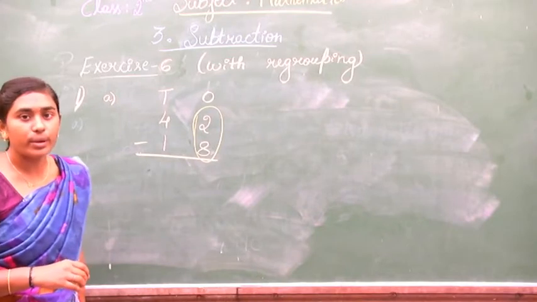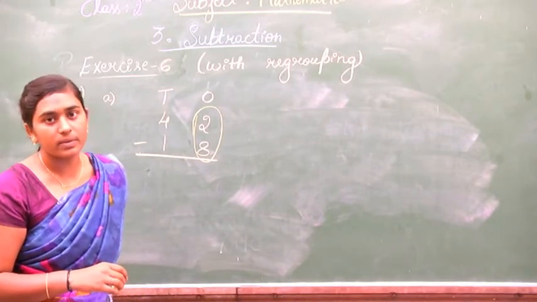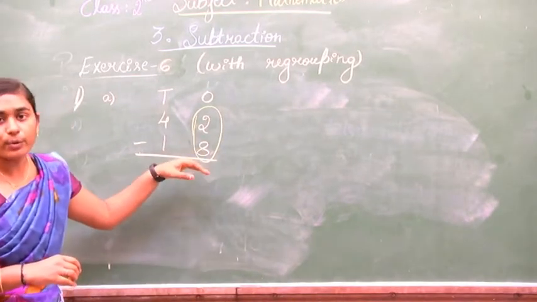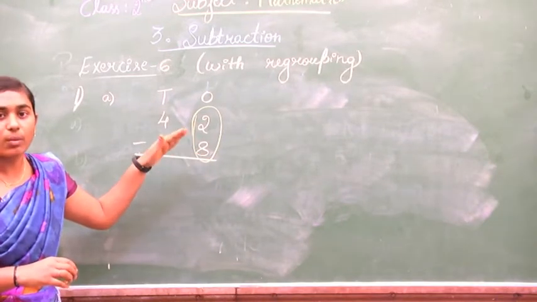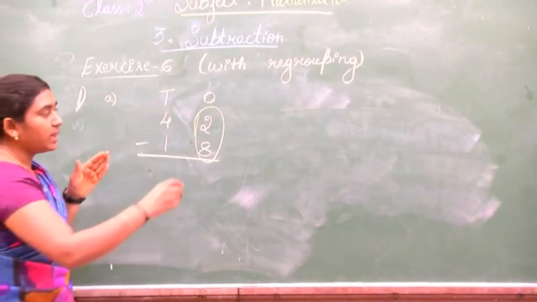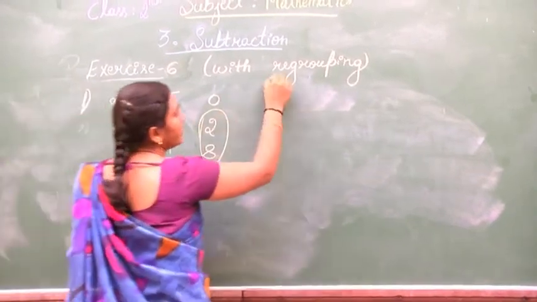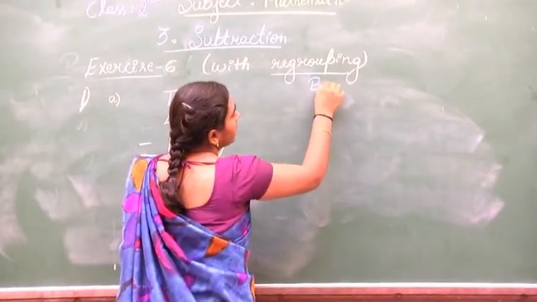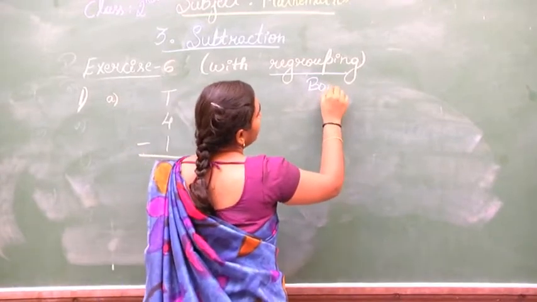From 2, you cannot subtract 8. So what do we have to do here? We have to take the borrow. Borrow is nothing but regrouping. Regrouping is nothing but borrow.